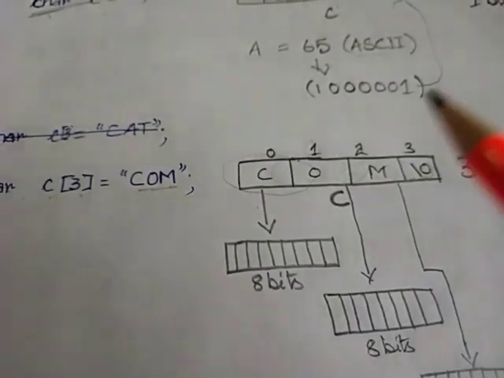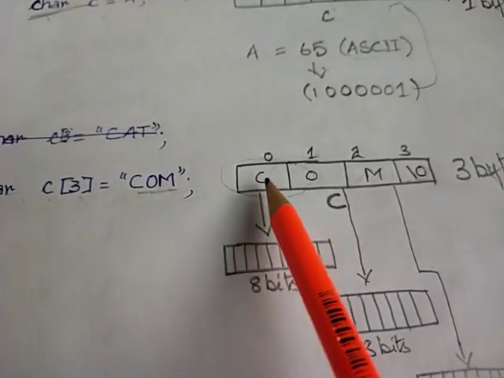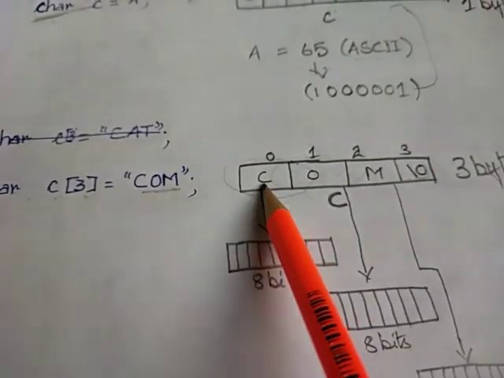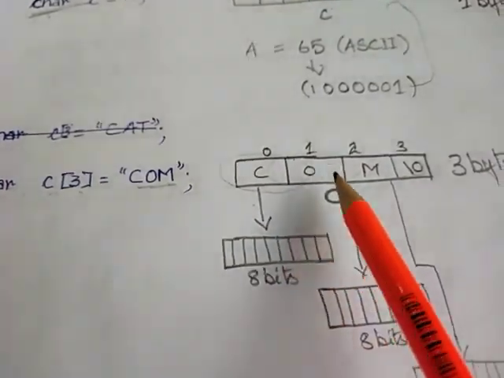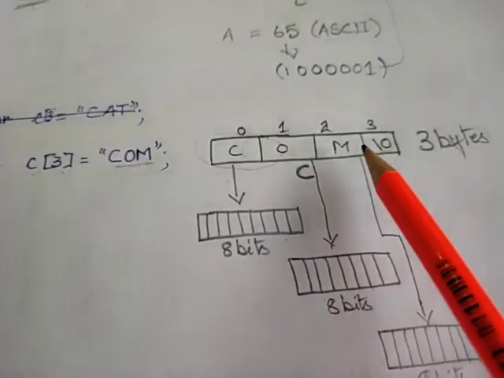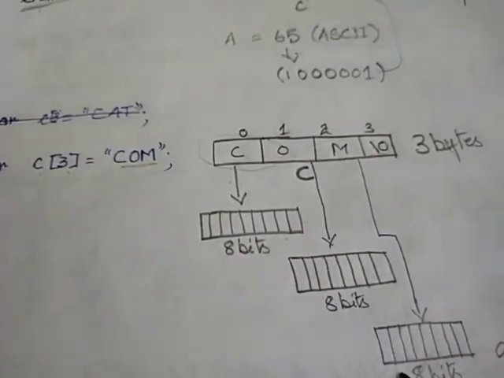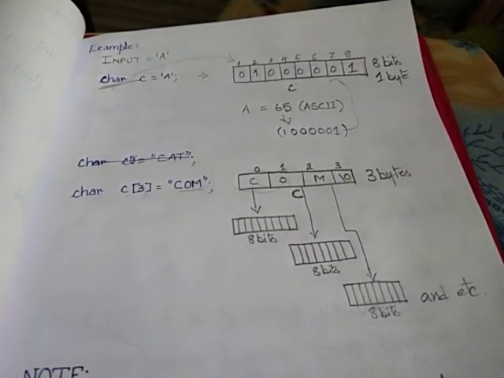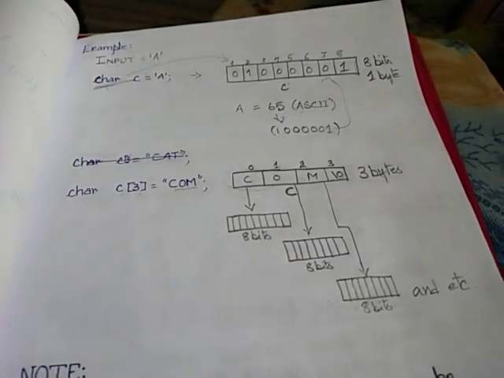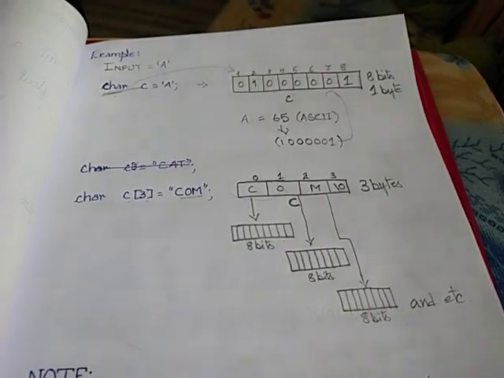So over here, this C, when you store it in this location, will take 8 bits. O will take 8 bits. M will take 8 bits, and so on. So from here, you understand how to declare a variable in your C program.